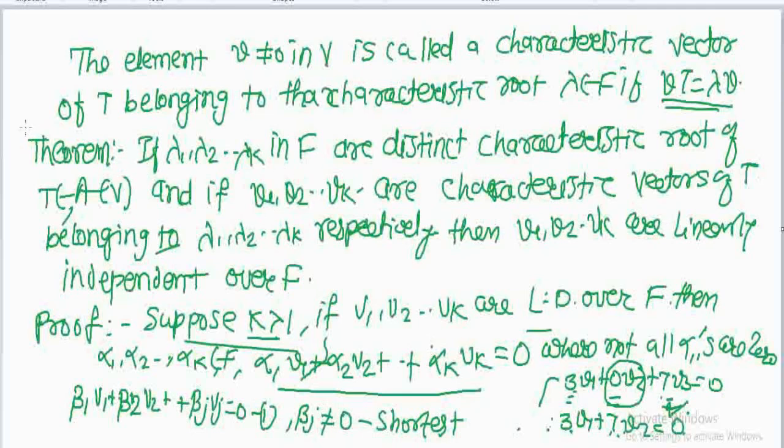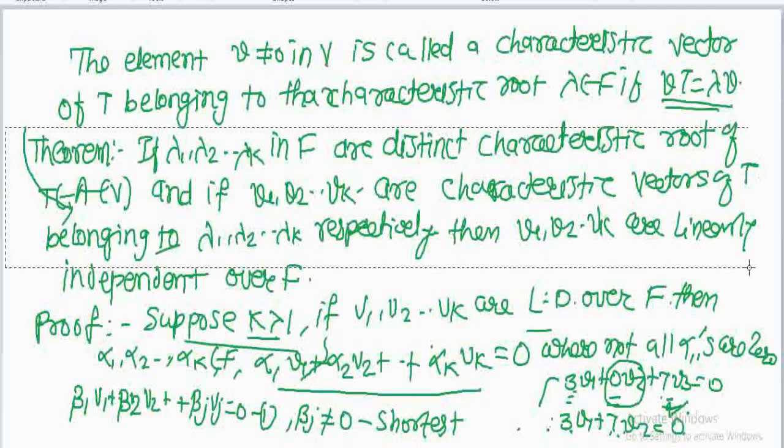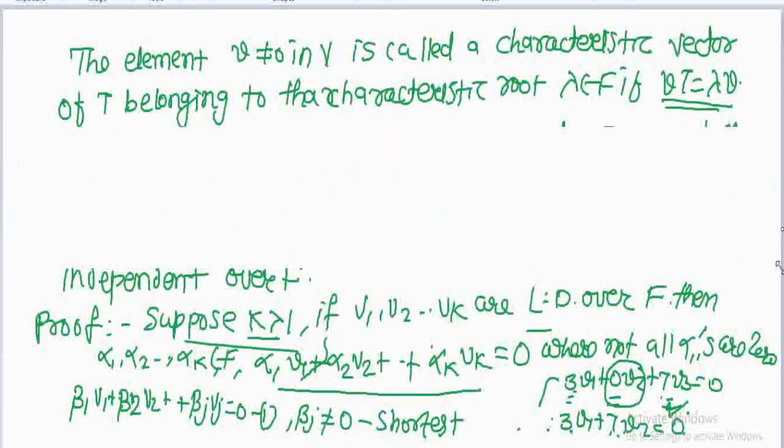Now apply the definition of characteristic vectors. What is the definition? T of V equals lambda V. Applying this component-wise, we have T of Vi equals lambda i Vi, that is, T of V1 equals lambda 1 V1.